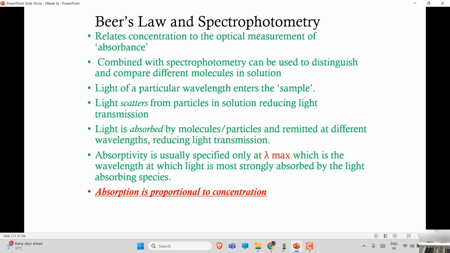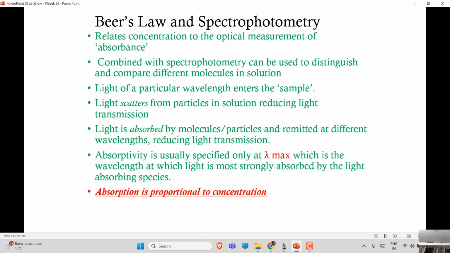Beer's law and spectrophotometry relate concentration to the optical measurement of absorbance, and combined with spectrophotometry it can be used to distinguish and compare different molecules in solution. Light of a particular wavelength enters the sample, light scatters through particles in solution, reducing light transmission.